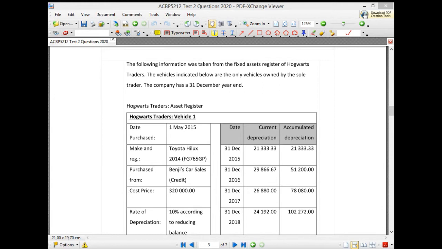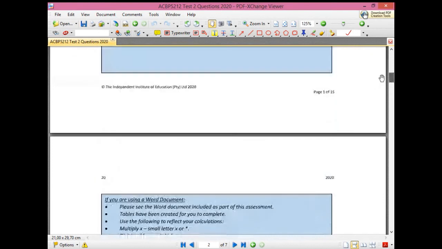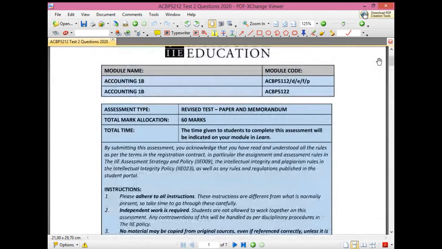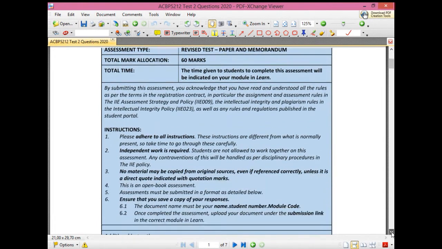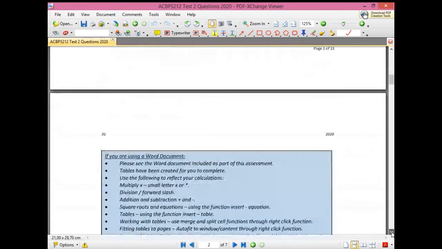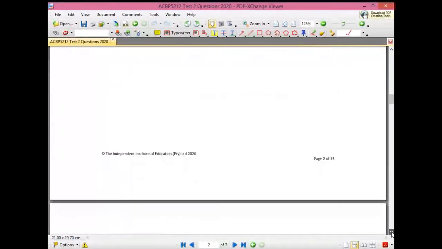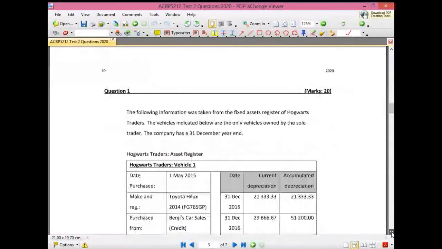Okay, so let's quickly start with the question. This paper was 60 minutes, 60 marks. Your test next week is going to be exactly the same format, 60 marks, which means 1 mark a minute. You will see there's a lot of information that you need to work through in order to answer the question.